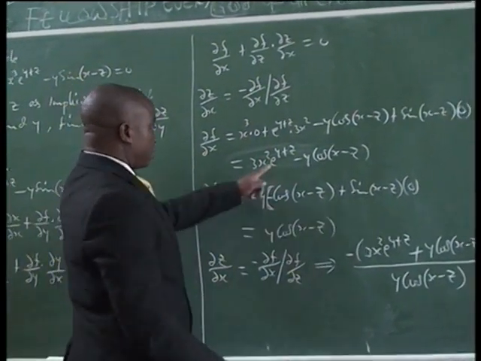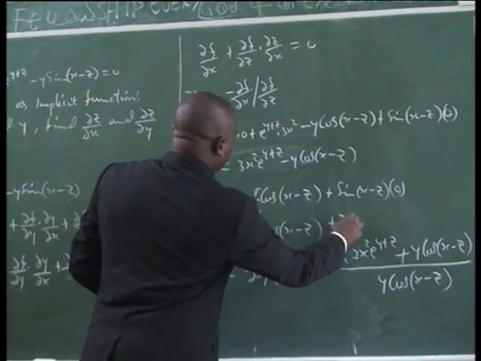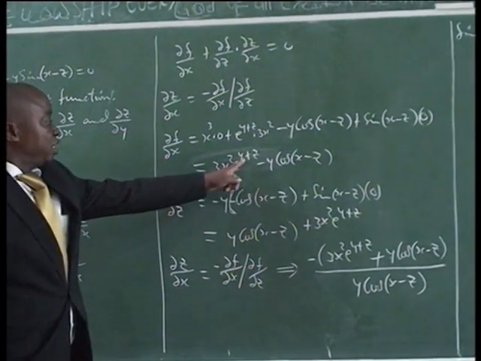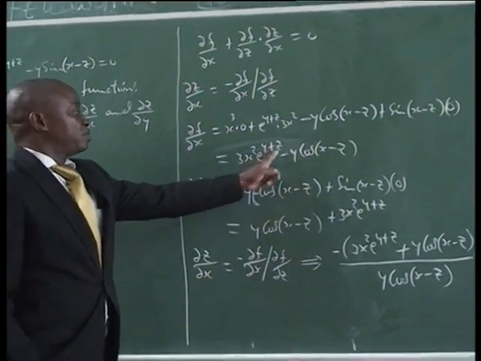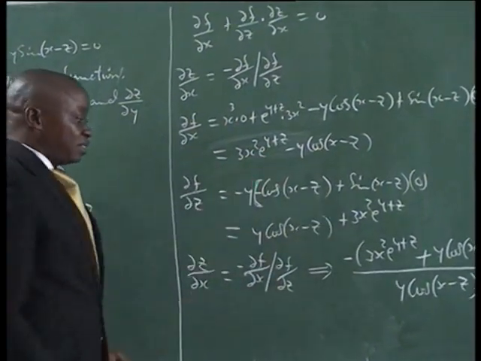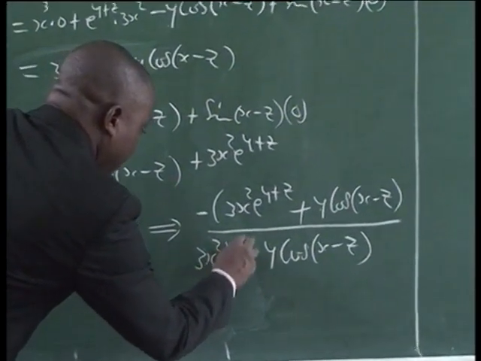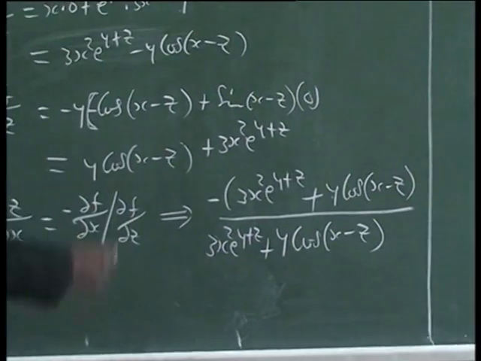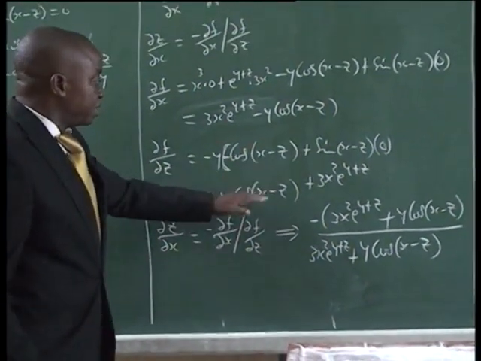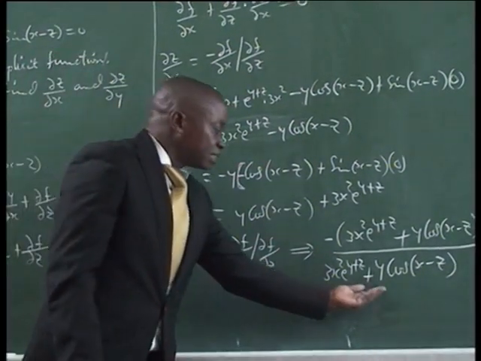Plus 3x squared exponential y plus z. You know how? Because here, if you differentiate it with respect to z, the derivative of z is 1, so it will still be the same thing. So here will be 3x squared exponential y plus z, plus this. What you only need to find now is partial f/partial y, because the downside is still the same.